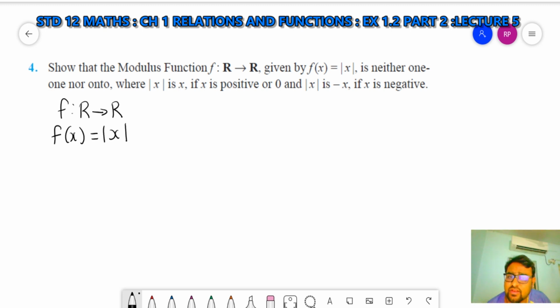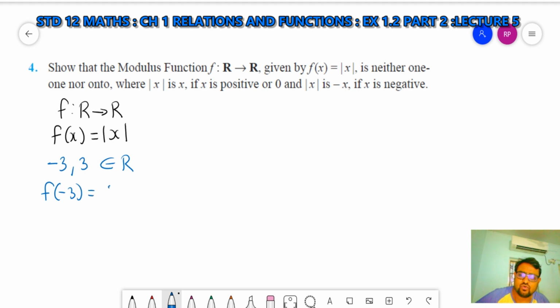Okay, now see, for 1-1, let's take an example. Let's take minus 3 and 3. Both of these belong to R, right? What is f of minus 3? This is equal to modulus of minus 3, and that is equal to 3. What is f of 3?